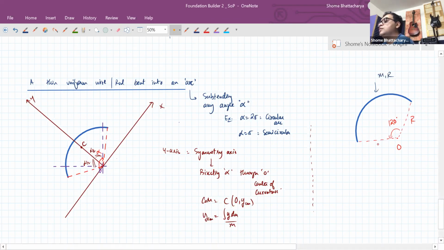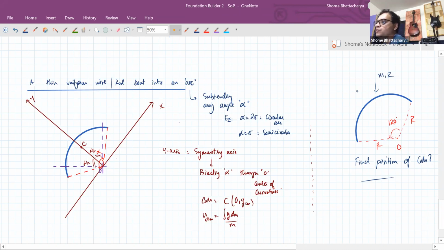Now we have to find the position of the center of mass. So we'll have to convert that diagram to this first of all. We'll have to identify our symmetry axis, that is the one which will be breaking this 120 into 60 and 60. And we'll say, okay, the center of mass lies somewhere on this axis now. Now, where on this axis with respect to the point O? For that, we have to develop the formula. Just like for the above one, the formula was 2r by pi.